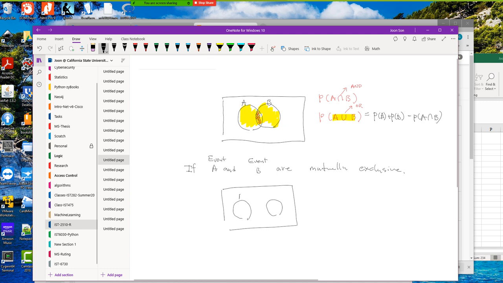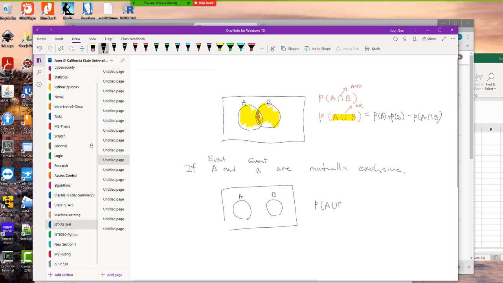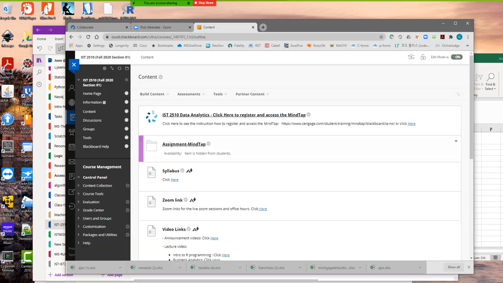So this is event A and event B, and this is the formula: P(A or B) is P(A) plus P(B), since there's no common area. So that's the formula for mutually exclusive events.